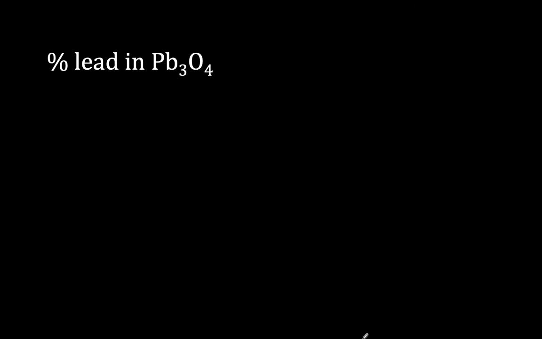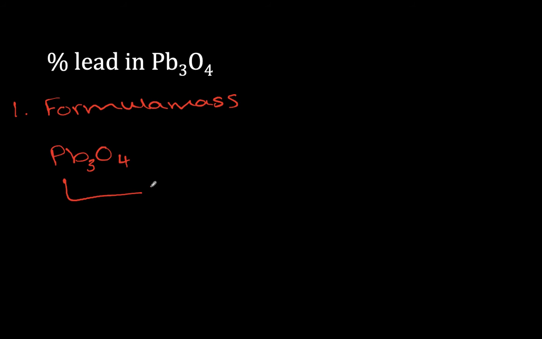Okay, final example then. The percentage of lead in lead oxide. So, we have, first up, formula mass. Lead oxide. We already know that lead has a formula mass of 207.